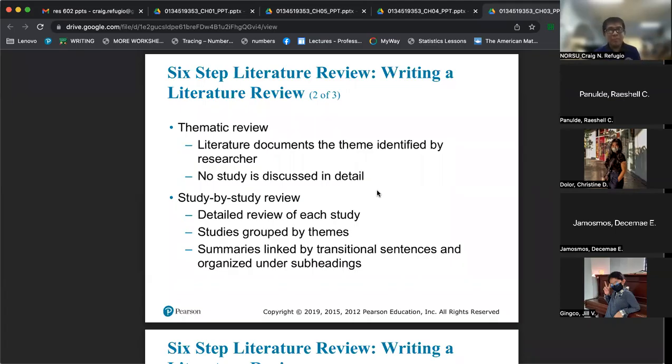As you go from one study to another, if the ideas are supporting each other, you can say in addition, moreover. And you can also look into ideas contradicting each other. So you can say in contradiction, contradictory to what is mentioned in the first study.